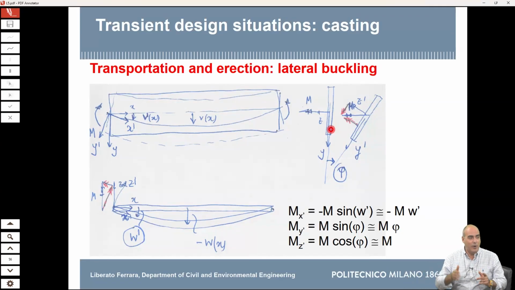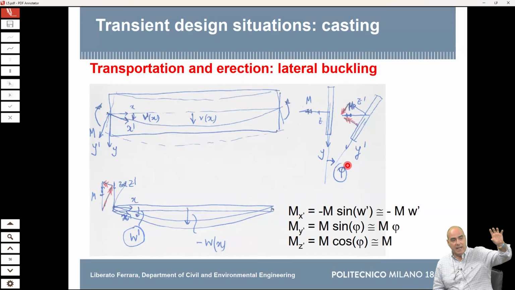So in order to accommodate both the flexural deformations, it also has to rotate, and it rotates by an angle phi. All these quantities, the deflection v, the deflection w, and the rotation phi, are a function of the coordinate x. So they change along the axis of your beam.